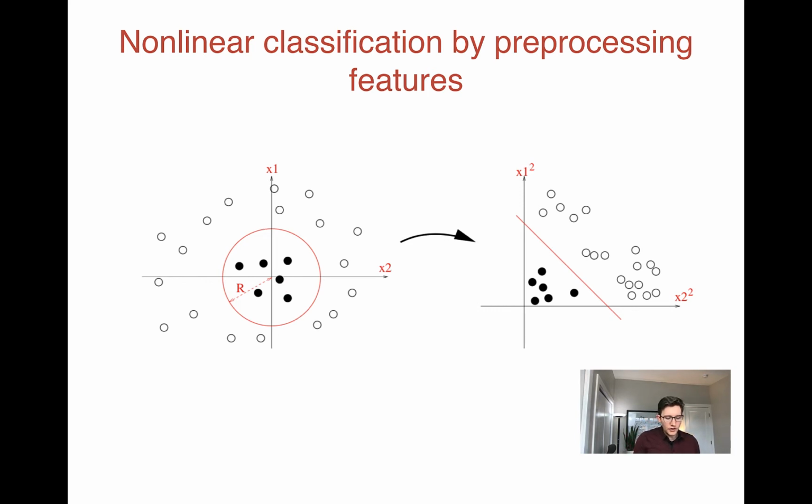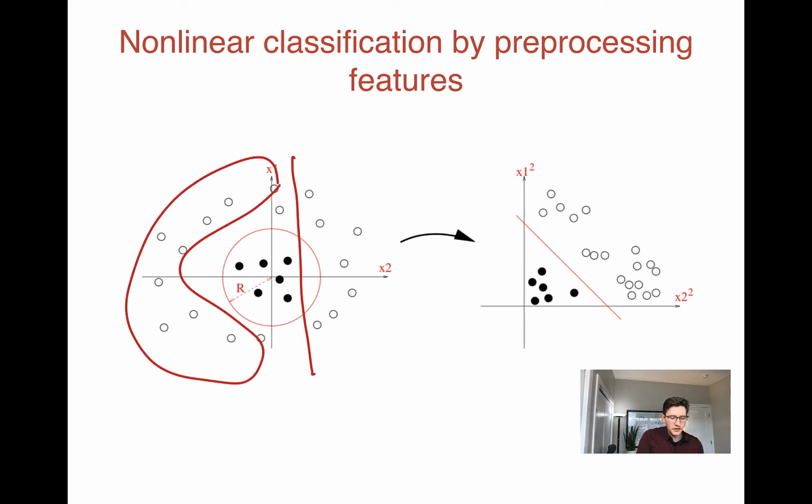So notice that there's no way we're going to get a good linear decision boundary on this feature space. Maybe the best we do is like this, and still that gives us really terrible classification accuracy because there are all these points that we've classified incorrectly.